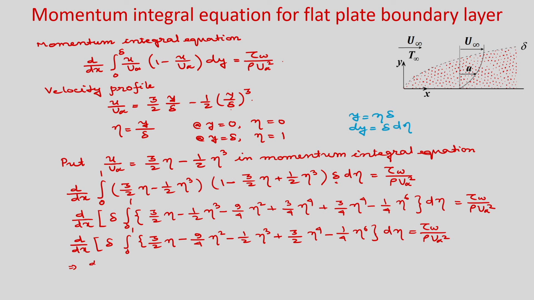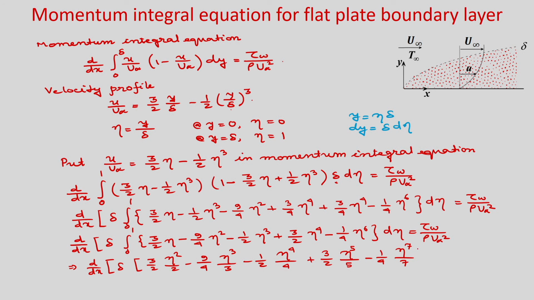So, if you integrate now, you will get 3 by 2 eta square by 2, right, minus 9 by 4 eta cube by 3 minus half eta to the power 4 by 4 plus 3 by 2 eta to the power 5 by 5. Then you will get minus 1 by 4 eta to the power 7 by 7, okay, and limits are 0 to 1 is equal to tau w by rho u infinity square.